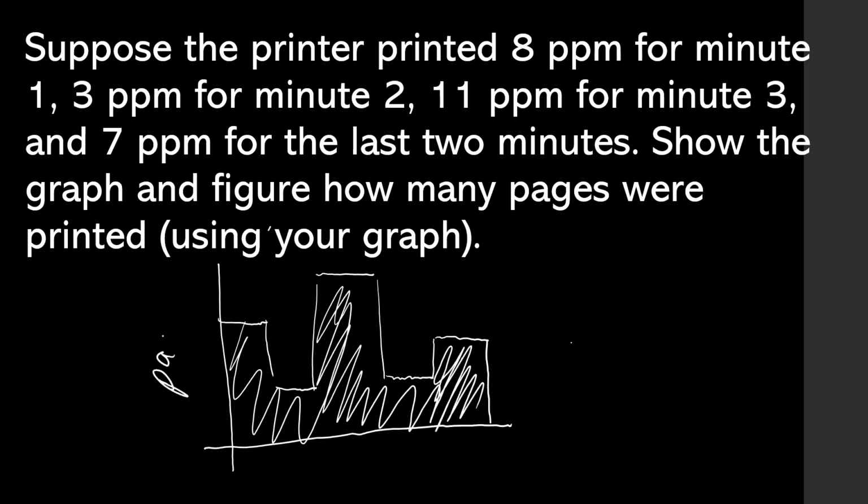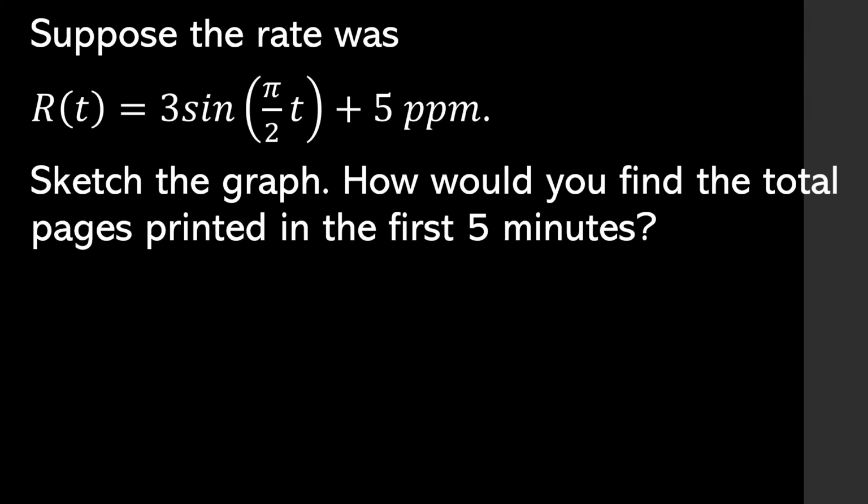Again, if we're talking about pages per minute multiplied by minutes, we're going to get some number of pages. So what I'm trying to motivate you to think is it isn't just necessarily area under a horizontal line. We've broken that into smaller and smaller pieces. So the next idea, I suppose, is calculus.